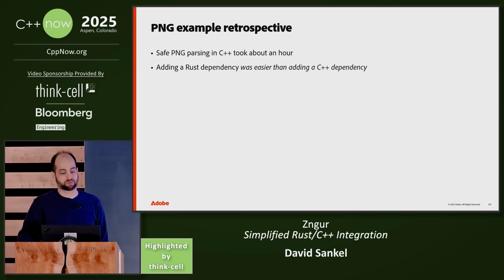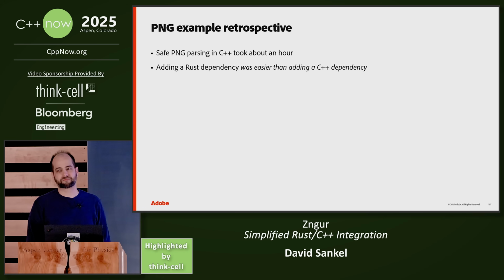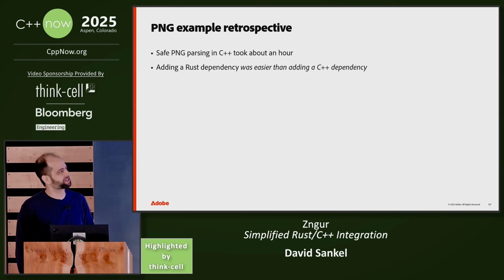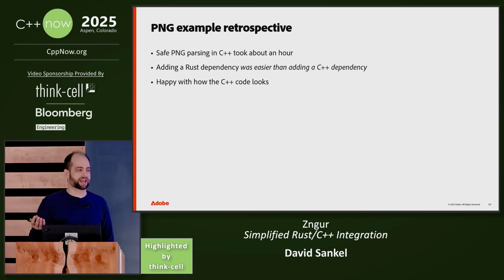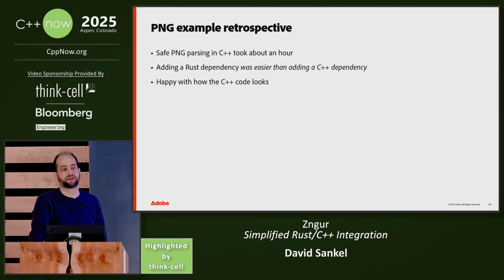I found that adding a Rust dependency was easier than adding a C++ dependency. The PNG library depends on a whole bunch of other things, and those depend on other things, and I didn't have to do anything. Cargo took care of all that for me. So that was a pretty pleasant and a little bit surprising experience that it's easier to add Rust to C++ than C++ to C++.